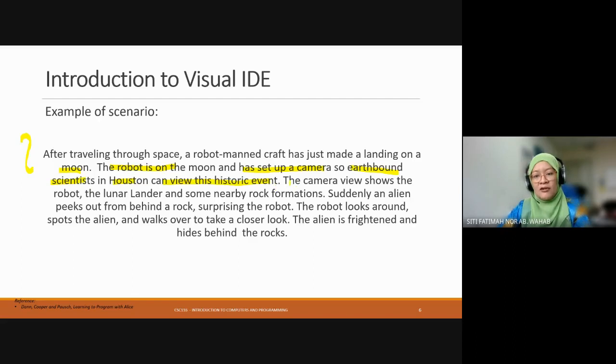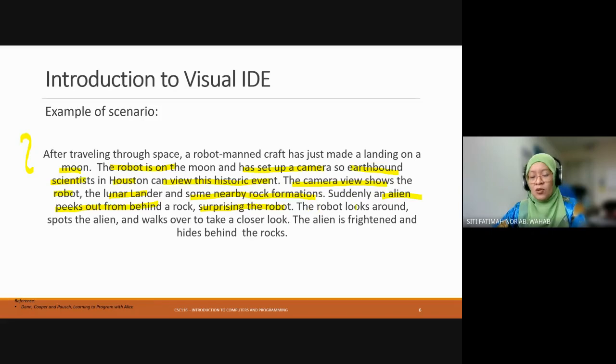Okay, the camera view shows the robot, the lunar lander and some nearby rock formations. Suddenly, an alien peeks out from behind a rock, surprising the robot. Okay, tiba-tiba ada alien, terkejut robot tu.